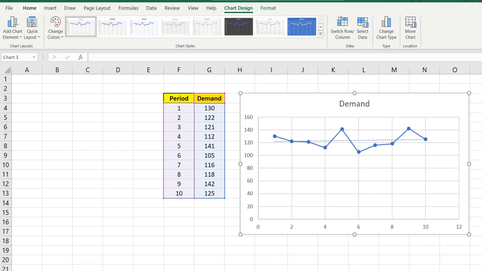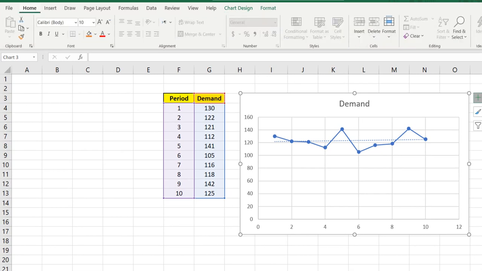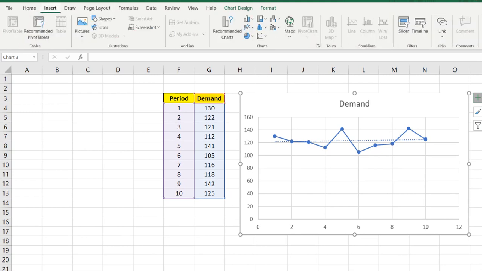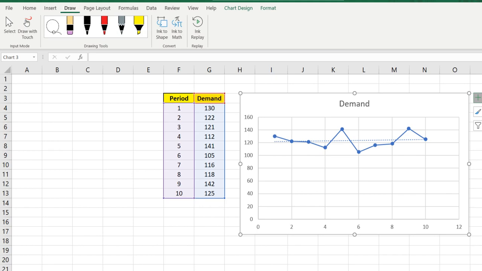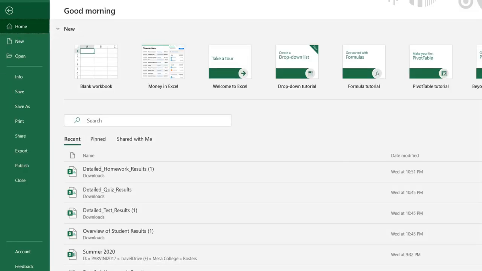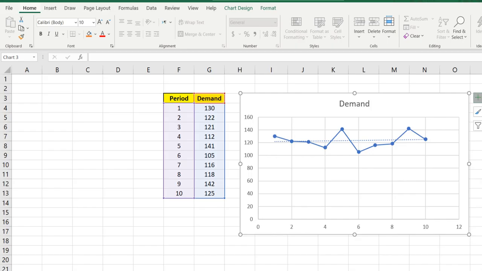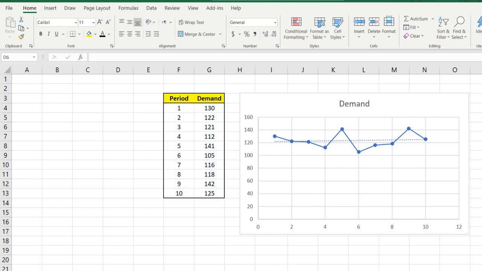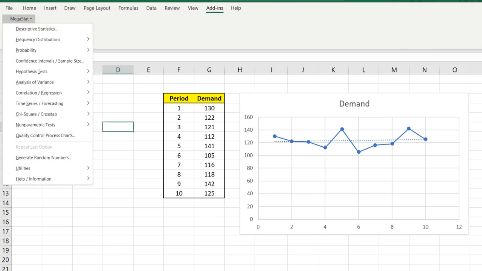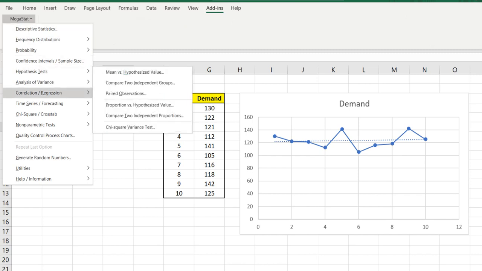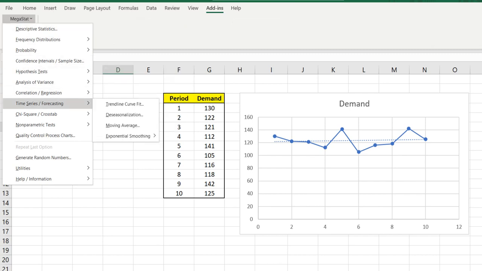I'm gonna go to home, and there you go, home, and let's see, insert, trying to find here, file, oops, sorry. Okay, I'm trying to find my add-in, hold on. Okay, it's right in here. See that, add-ins? So I go to add-ins, Megastat, then I'm going to go down to time series forecasting.